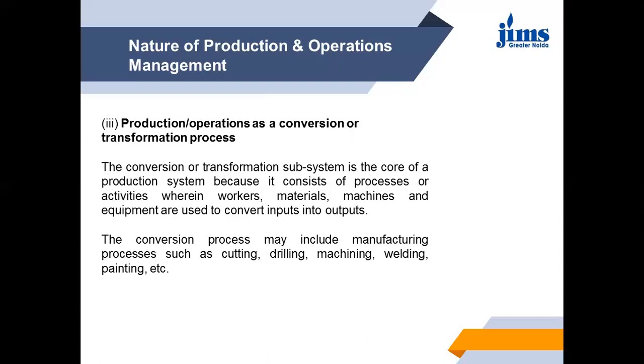So I will rather say any concept of a production and operations department will be incomplete if I don't mention conversion or transformation as a subsystem or element of this total system.